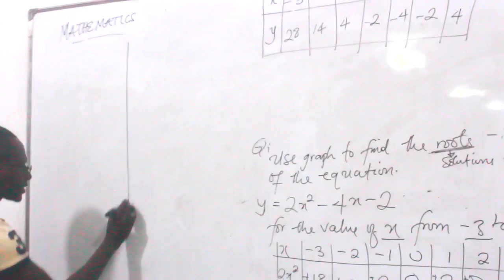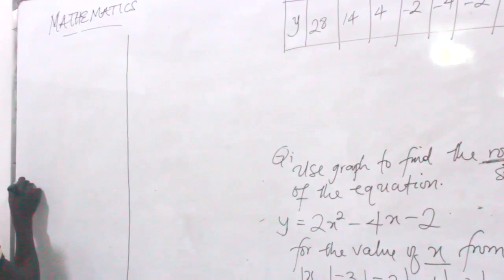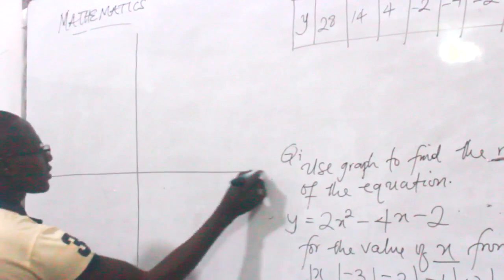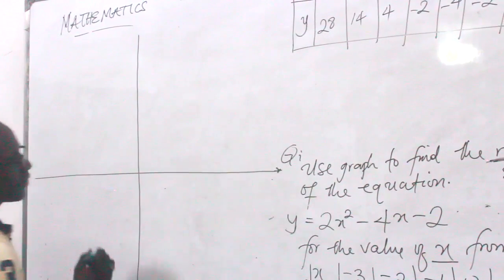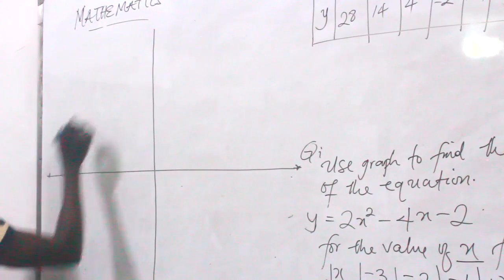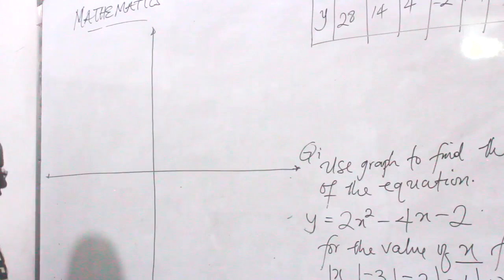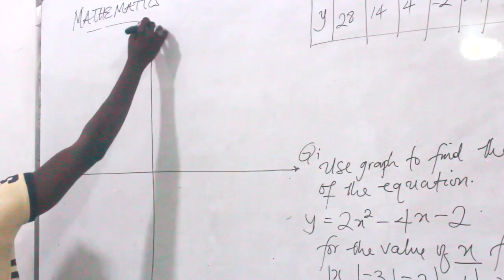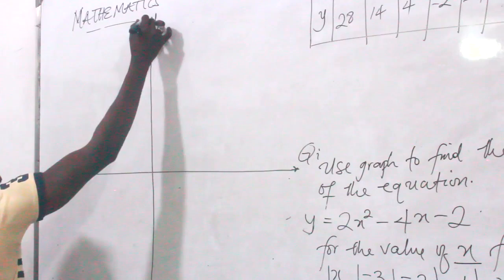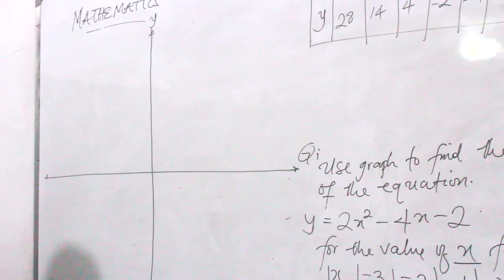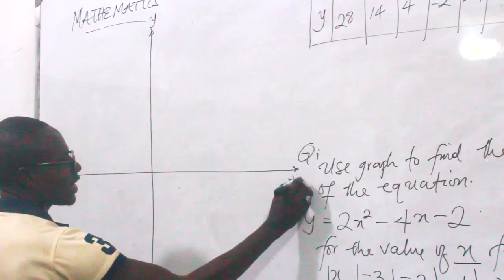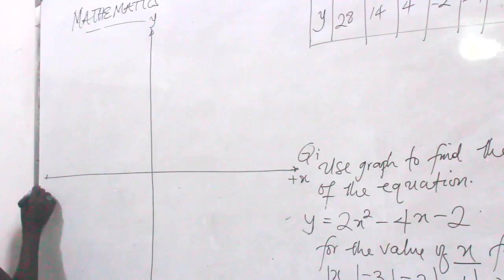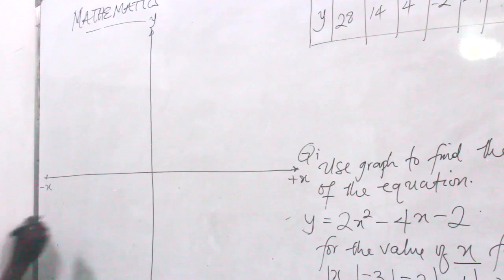Let's draw the Cartesian planes using ruler and pencil, with positive y and negative y values, positive x and negative x values.